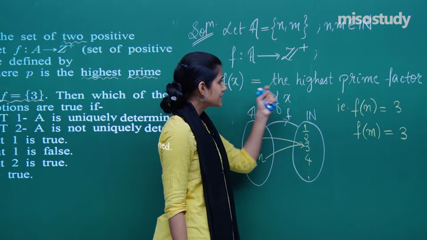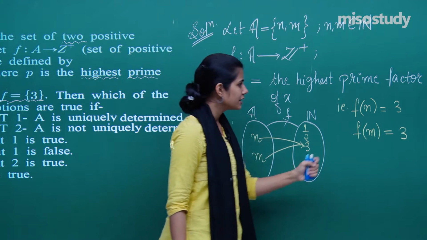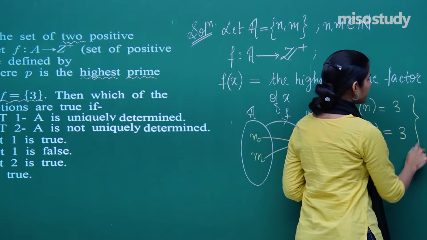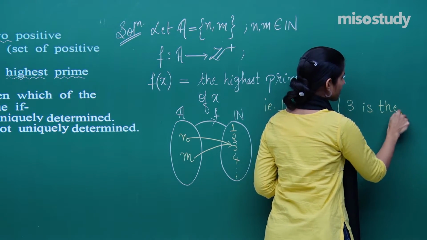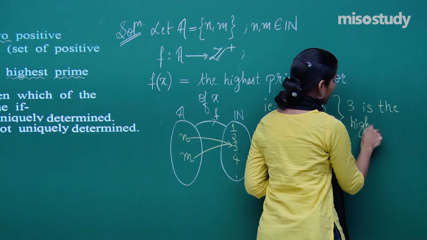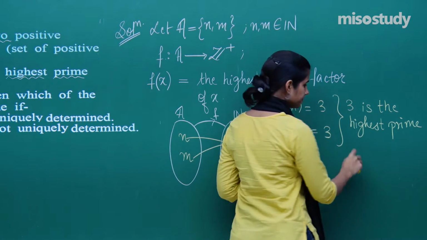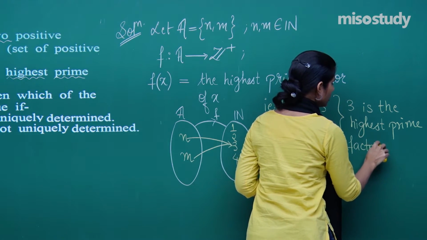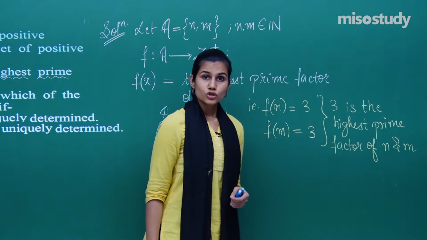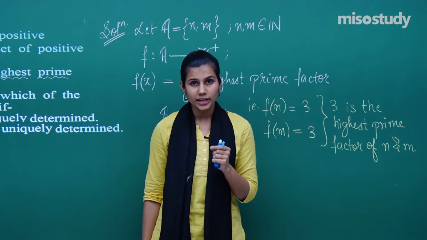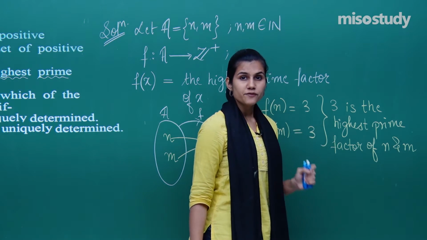But f of x is 3 implies 3 is the highest prime factor of n. So, from these two, I can say by definition that 3 is the highest prime factor of n and of m. So, if n and m are distinct from one another sitting inside set A, then 3 is the highest prime factor of n and m.